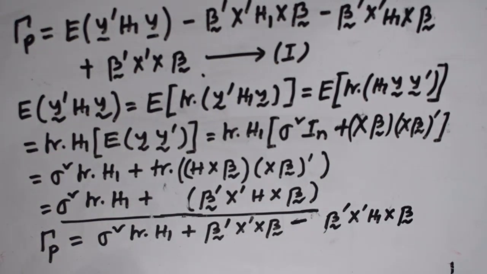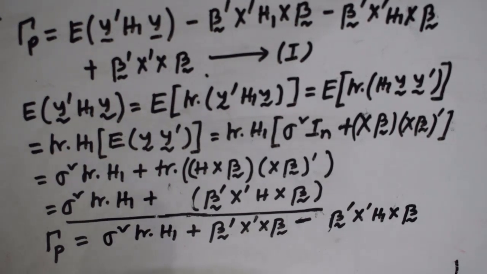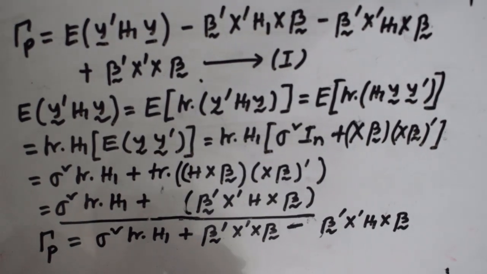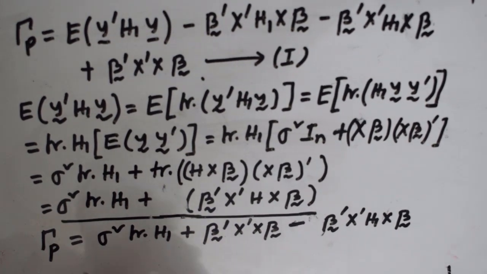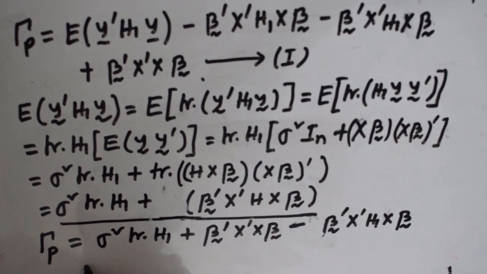Since h1 is an idempotent matrix, the trace of h1 is nothing but the rank of h1. Hence the rank of h1 is p, so the trace of h1 is p.